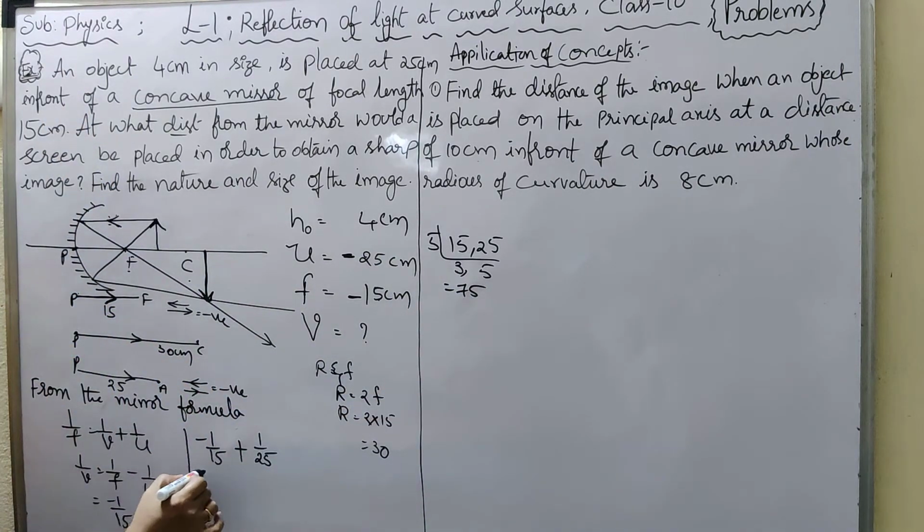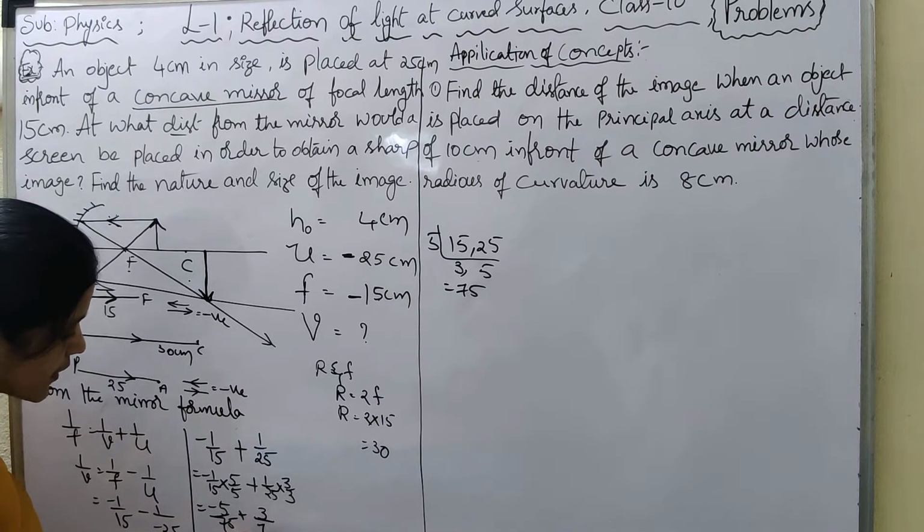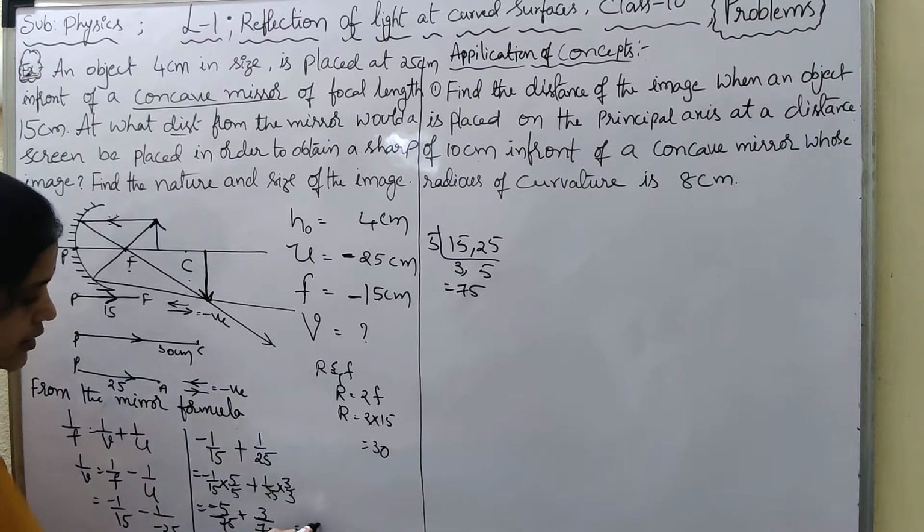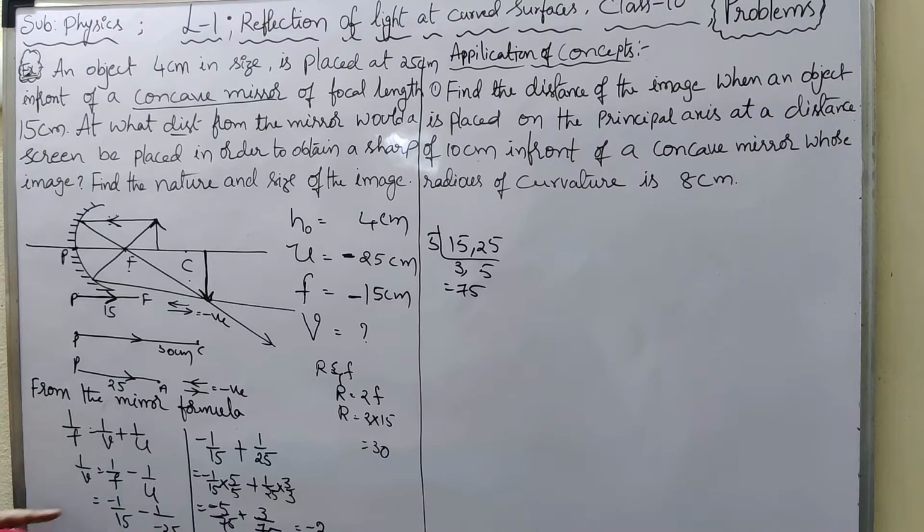Now minus 1 by 15, into this 15 in 75, how many times going? 5 times. So write 5, plus 1 by 25, into 25, 3 times. It goes 3 times. Then minus 5 by 75 plus 3 by 75. So when denominators are the same, then easily you can simplify the numerators. Minus 5 plus 3, then you will get minus 2 by 75.